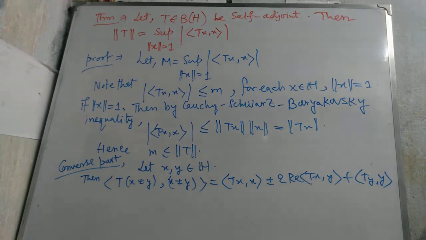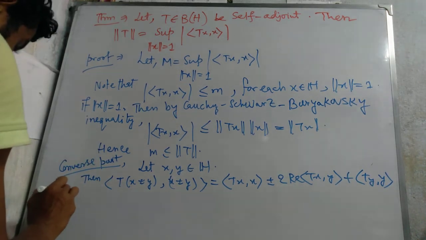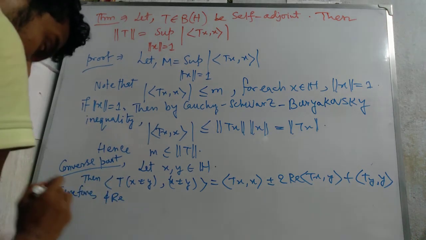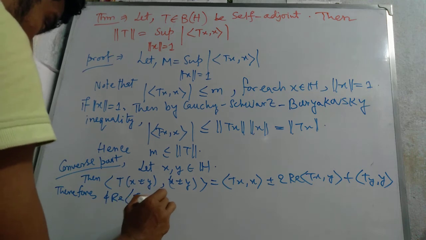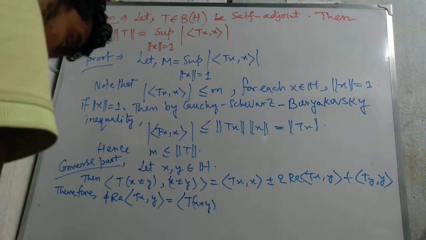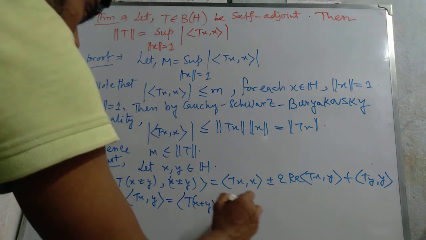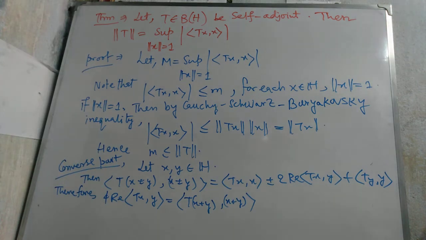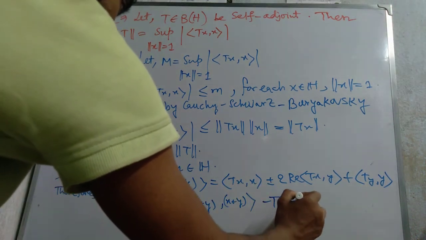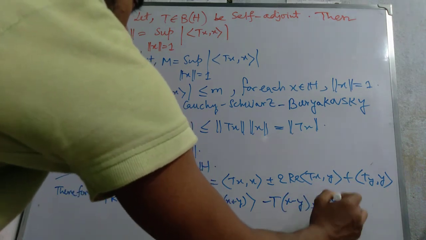Therefore 4 real part of Tx, y equals the inner product of T(x plus y), x plus y minus the inner product of T(x minus y), x minus y.